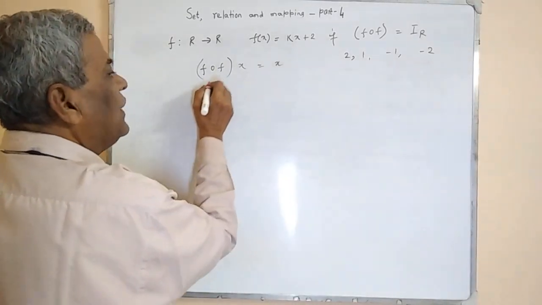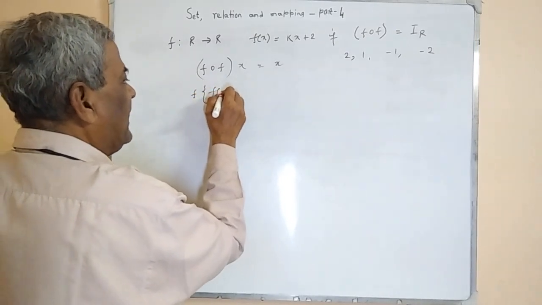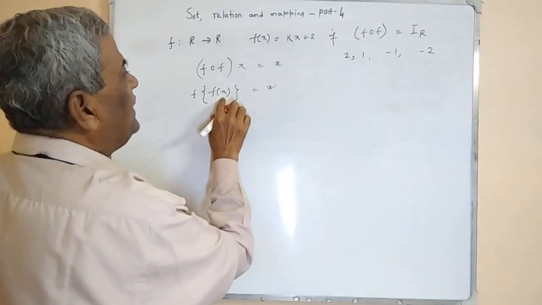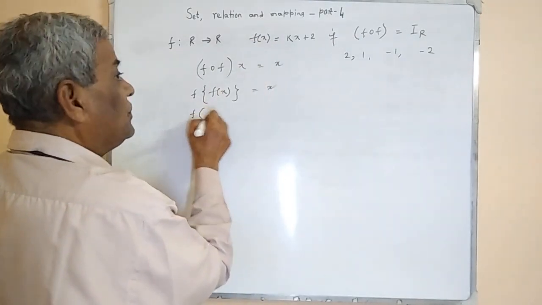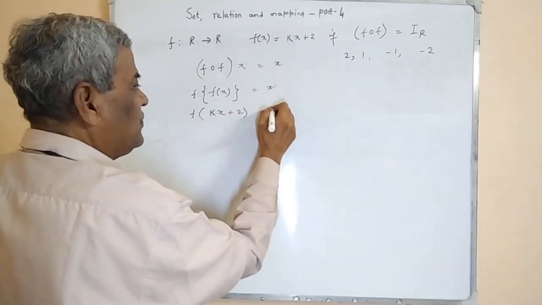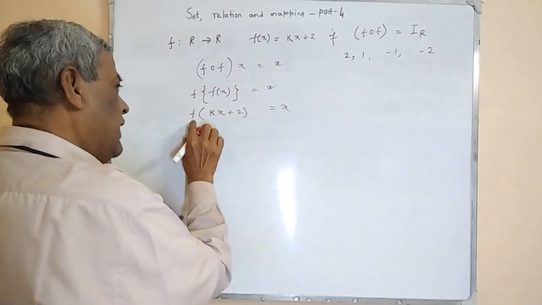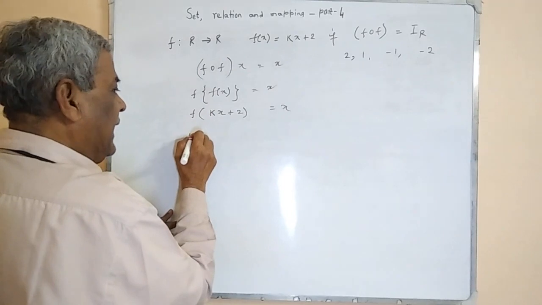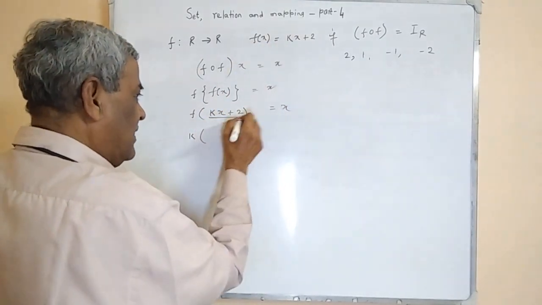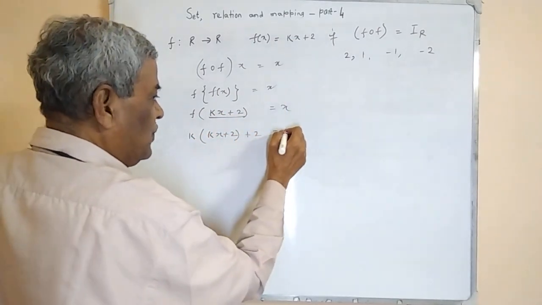So it gives f of f(x) is equal to x. f(x) means f of kx plus 2 is equal to x. f(x) is this, so f of that is equal to k into kx plus 2 is equal to x.